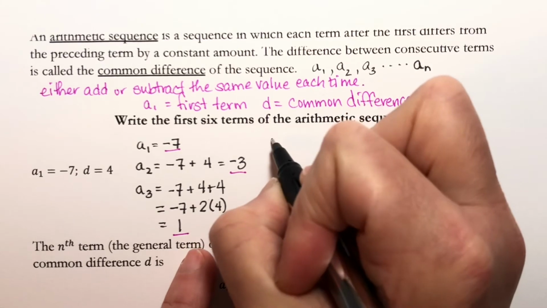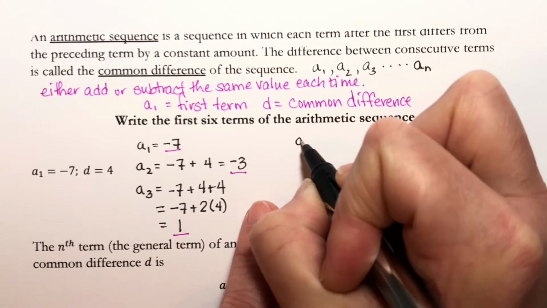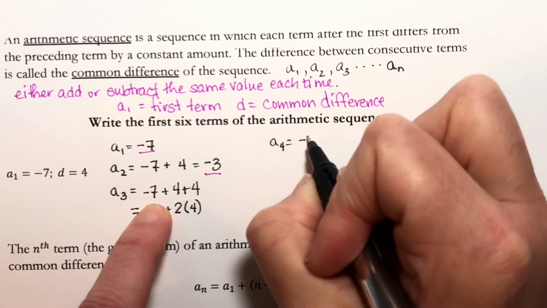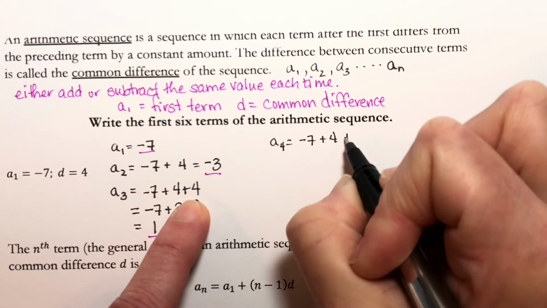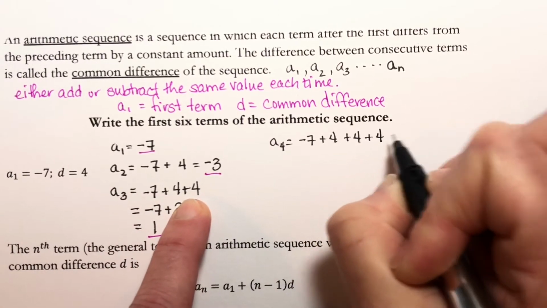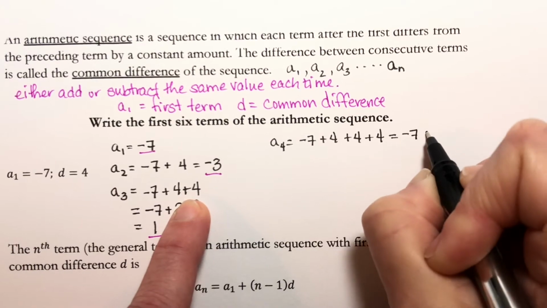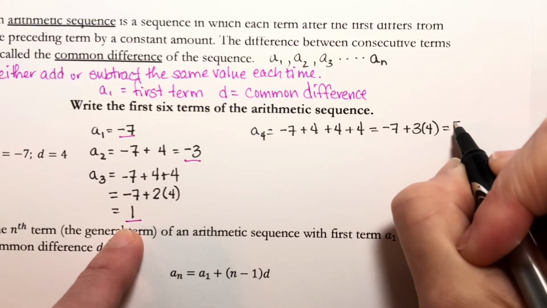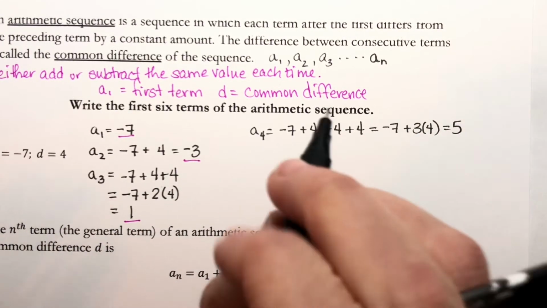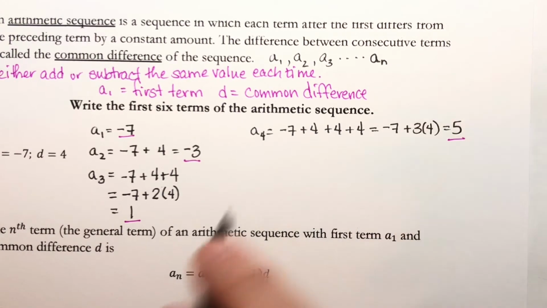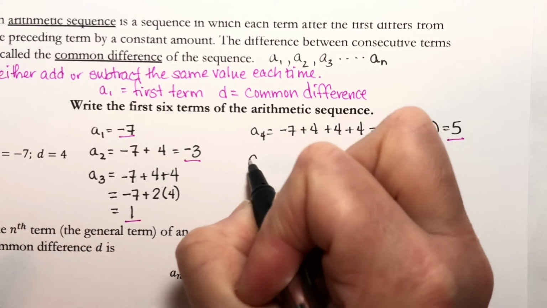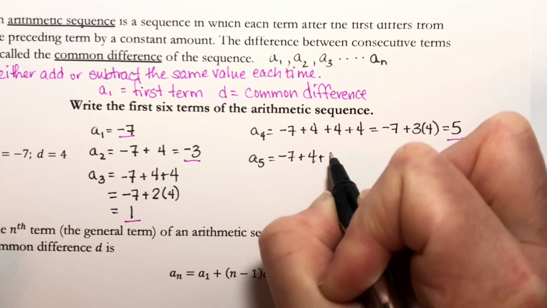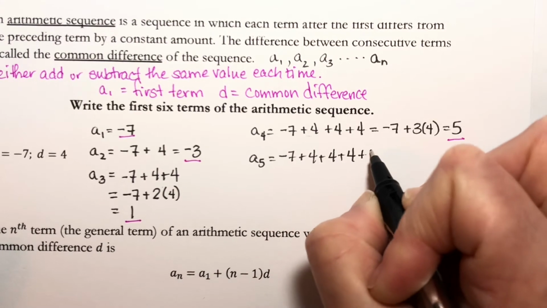Okay, leaving myself some space here for reasons that will be clear later. A4 is the same thing as -7 plus 4 plus 4, and then add another 4. And this is the same thing as -7 plus 3 times 4, which would be 5. Okay. A5 is the same as -7 plus all of this, 4 plus 4 plus 4, and then add another 4.